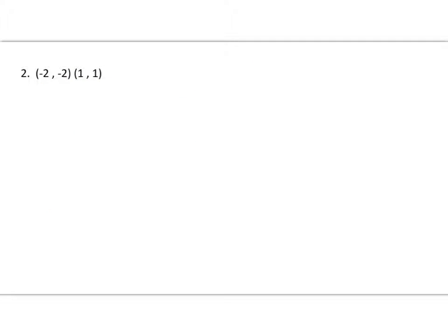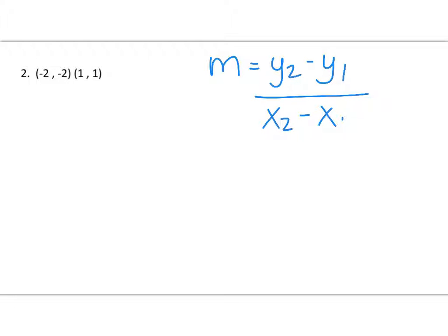Alright, example 2. Again, your slope formula is y2 minus y1 over x2 minus x1. I'm going to start by labeling my points x1, y1, x2, y2. On our formula, y2, which is 1, minus y1, which is -2.